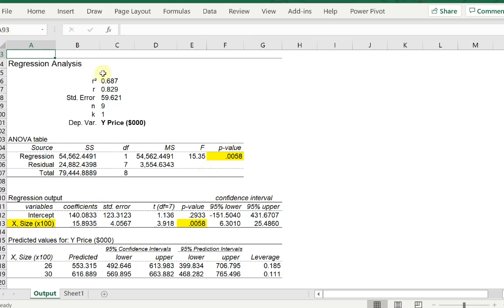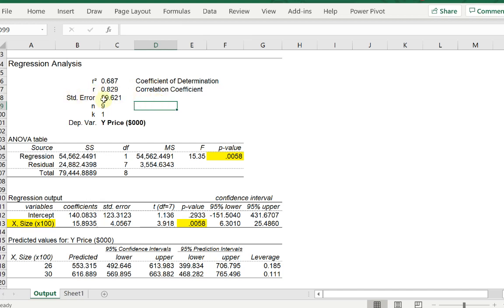But anyway, here's r squared. That number 0.687, remember, this is the coefficient of determination. R is 0.829. This would be the correlation coefficient, right?